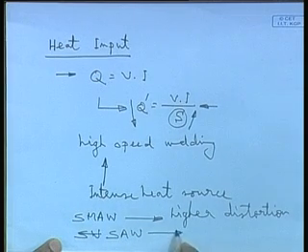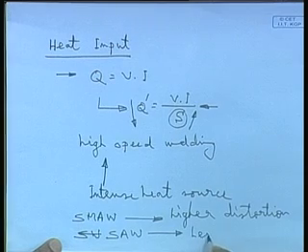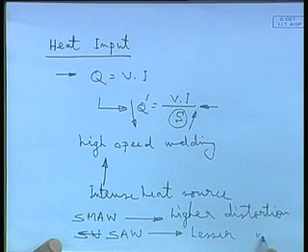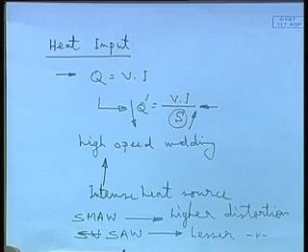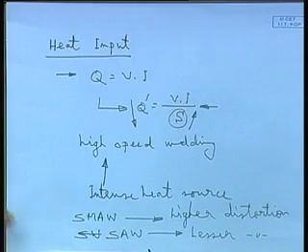you have lesser distortion. Why? Because in submerged arc welding you can have much higher, the heat source is much intense. Why?